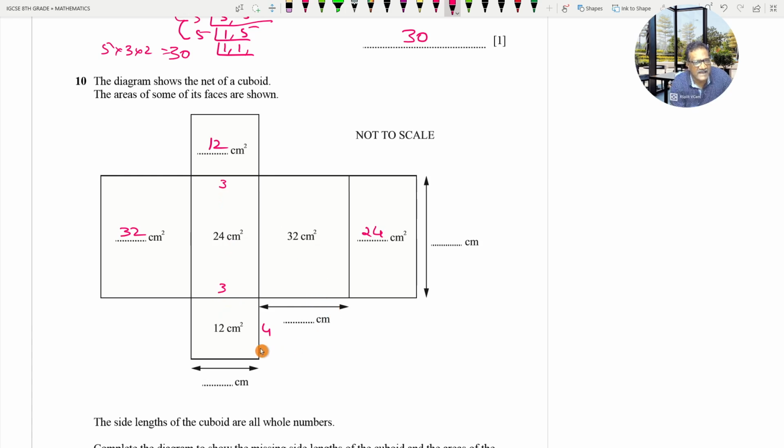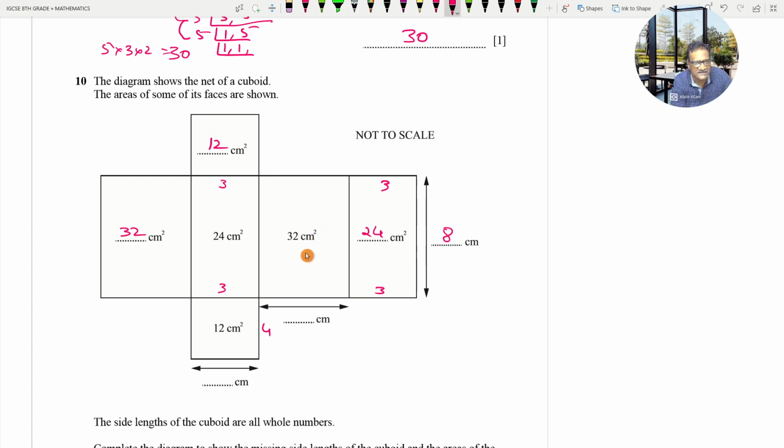Now the opposite face of this will also be 3. Because this area is 24 and this is 3, this has to be 8, since 8 3s are 24. So this is 8.